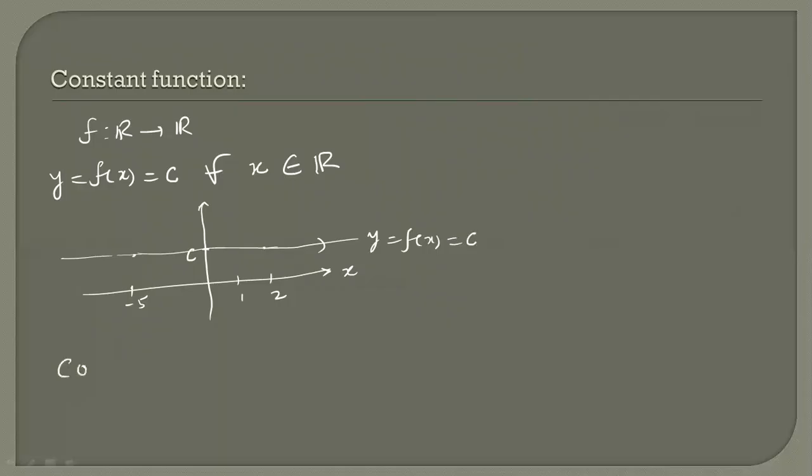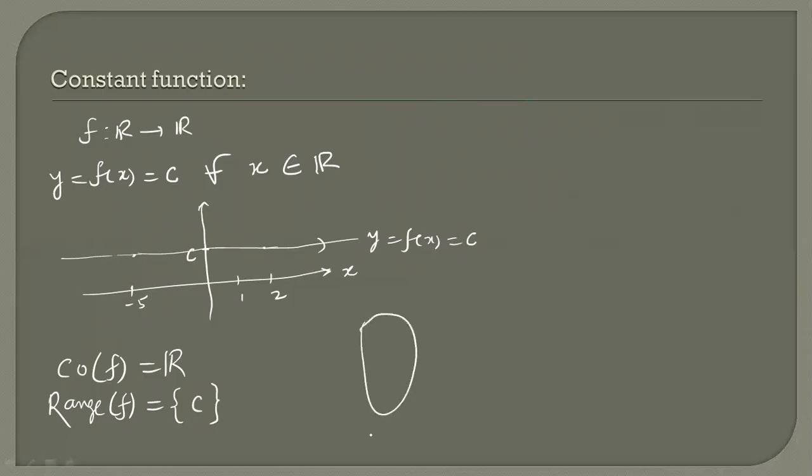In this case, the codomain of f is the real numbers, but the range of f is only one element, that is c. Because this is your domain of f and this is your codomain of f, if we put any value here, -3, -2, -1, 0, 1, 2, and so on, you are getting only one value, that is c.